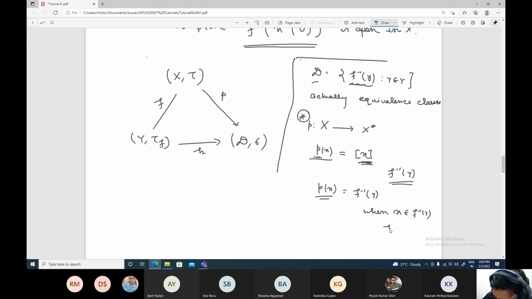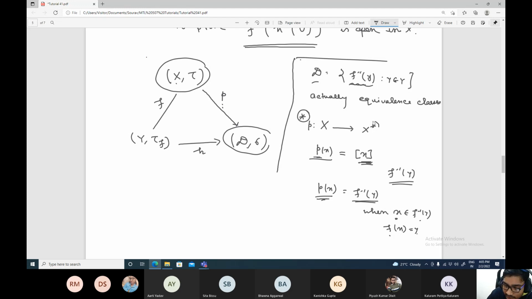In other words, that is f x equal to y. So actually from X comma tau to D comma sigma, this is our quotient map. We define P of x equal to f inverse y, where f x equals y means x is an element of f inverse y. So is it clear how we define the map P?